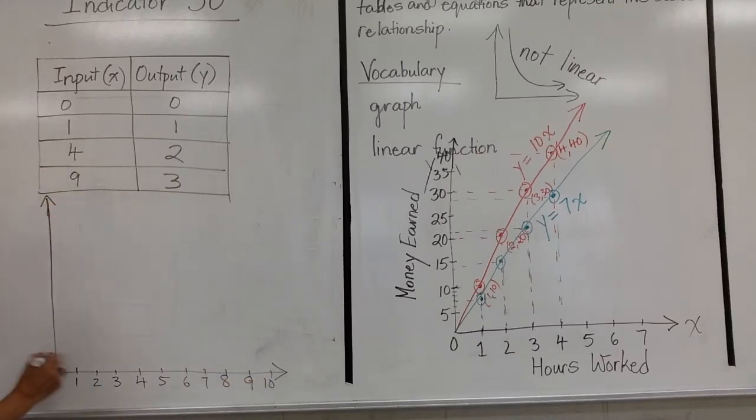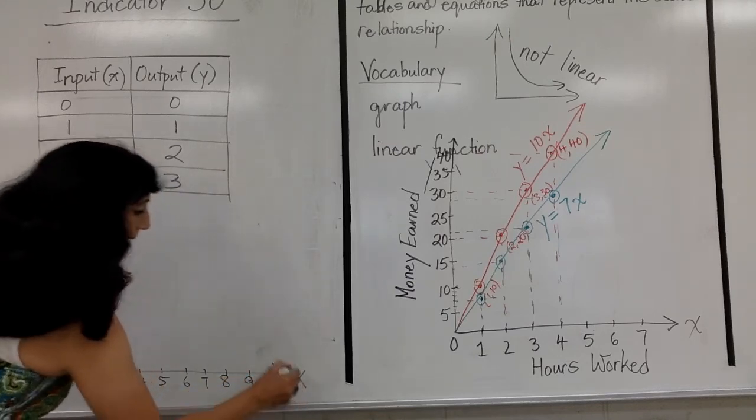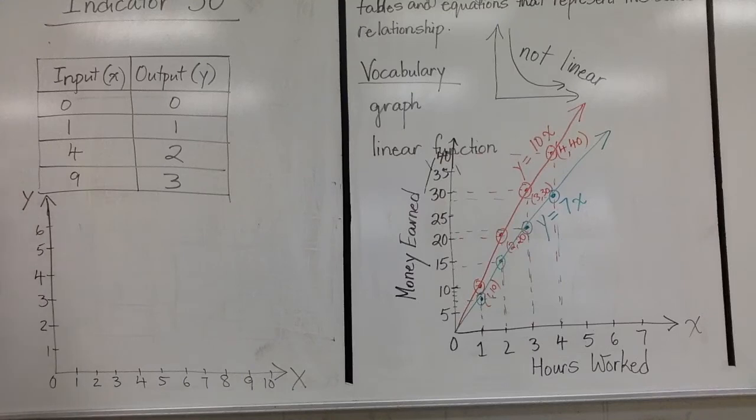And then I am going to go here 1, 2, 3, 4, 5, 6. So remember, this is X, this is Y. So let's graph this. If it's saying 0, 0, that's basically the origin. So this is 0 on the X, 0 on the Y. So this is my 0, 0.